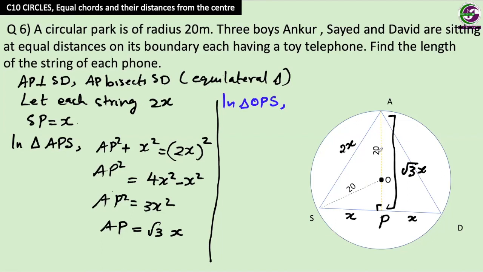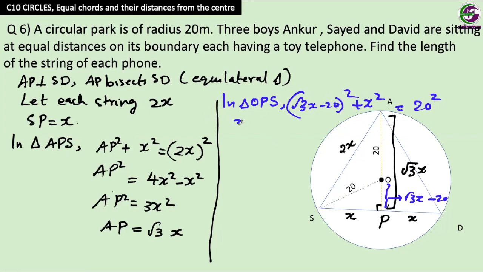From that, take away 20 so that you will get this. So OP will be equal to root 3x minus 20. So we will get root 3x minus 20 the whole square, first side, plus the second side is equal to the square of the radius, applying the identity.